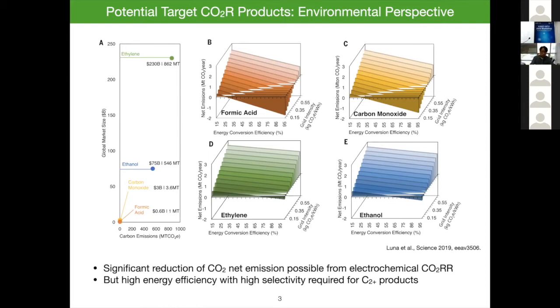But unfortunately, again, the C1 products have a small impact on the environment. For the ethylene and ethanol, the C2 products, you need to have very high energy efficiency and also low grid intensity to make this process environmentally friendly.